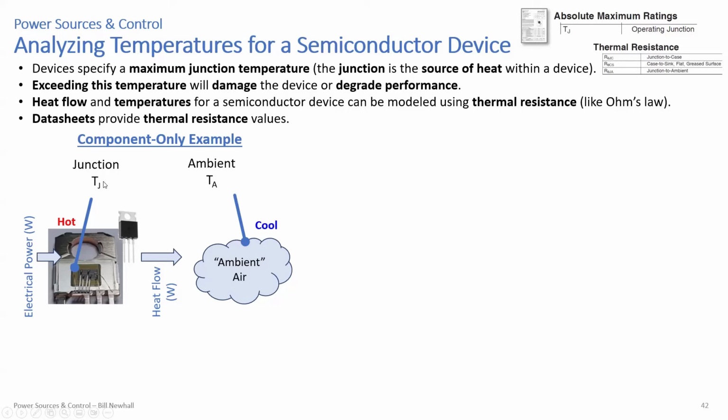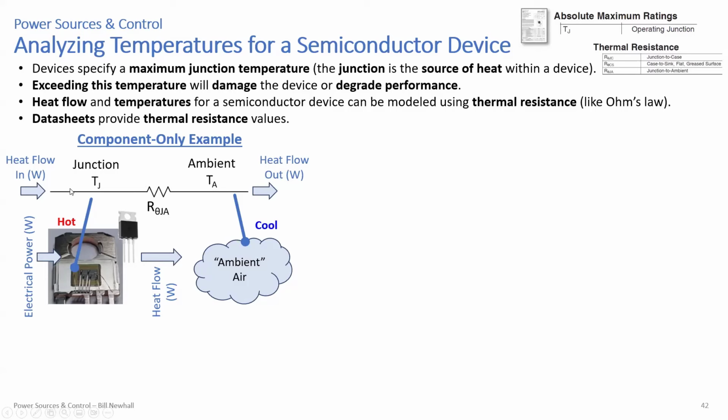So you have this junction temperature, T sub J, right there. And then you have an ambient temperature, let's say room temperature, which is cooler than inside that device, and you have to get that heat flow to happen. Let's model that like this. We're using a thermal resistance, R sub theta JA, that's junction to ambient resistance.